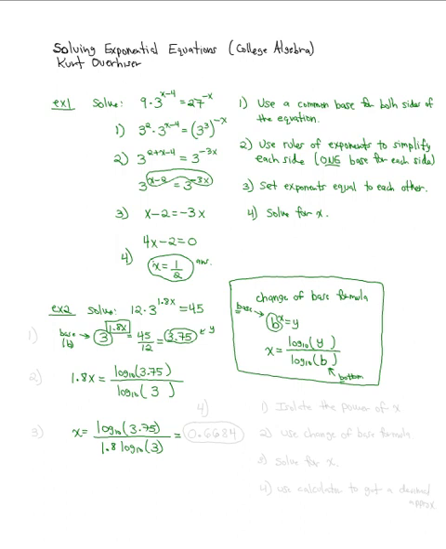And my calculator gives me a decimal. I'm going to round it to 4 decimal places, and I get 0.6684. And this would be a numerical approximation to the value of x once you type in those logarithms into your calculator.